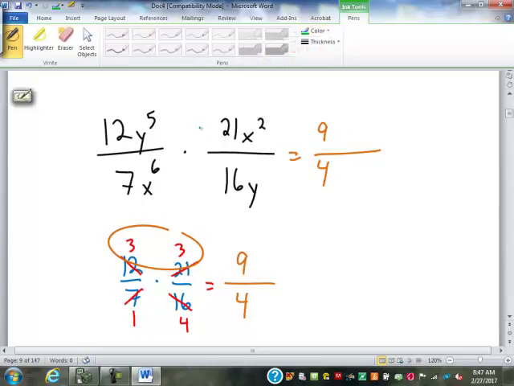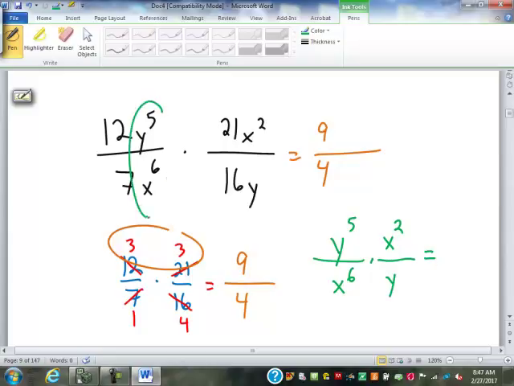And we're going to take out the variables, so what's going to go here for the variables? Let's just put them up here. There we go: y to the 5th over x to the 6th. Perfect.